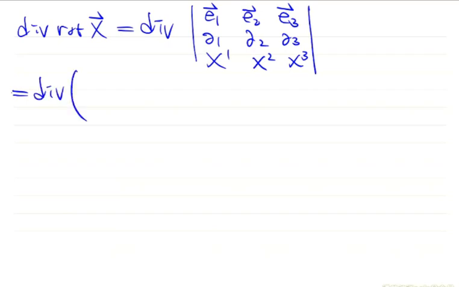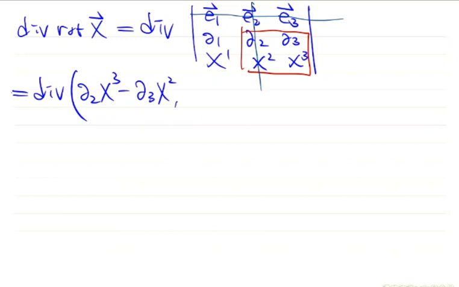The first component is this determinant, so this is d2x3 minus d3x2. Then the second component: you erase this and this, then x1, d1, x3, d3, so that is d3x1 minus d1x3.